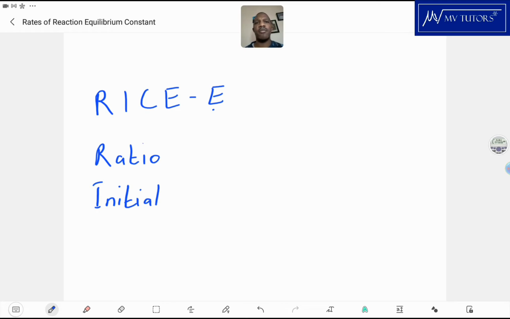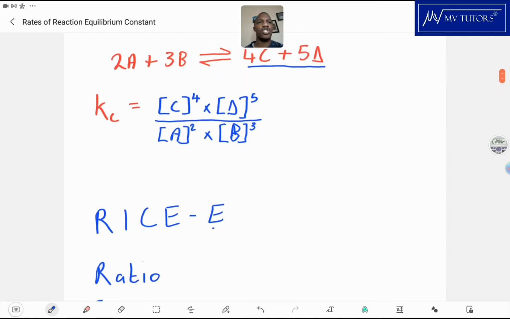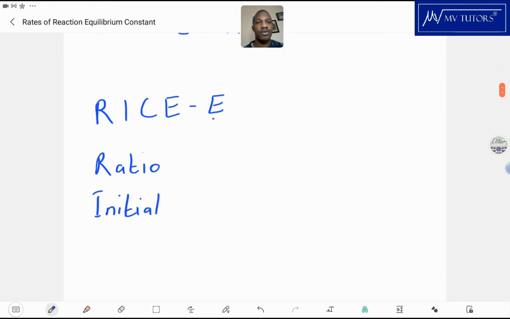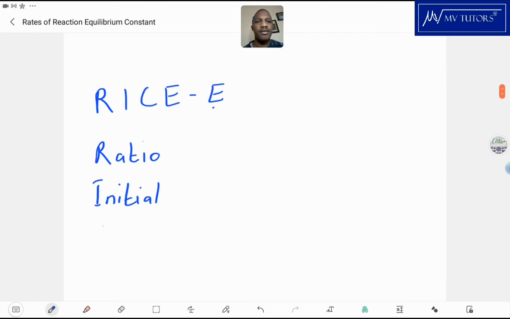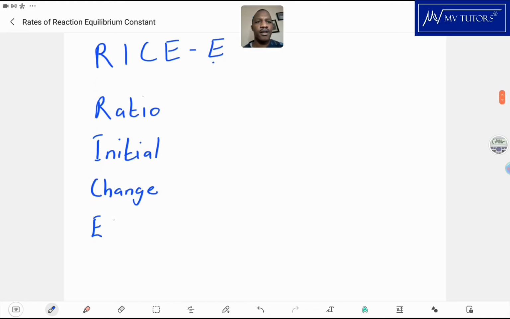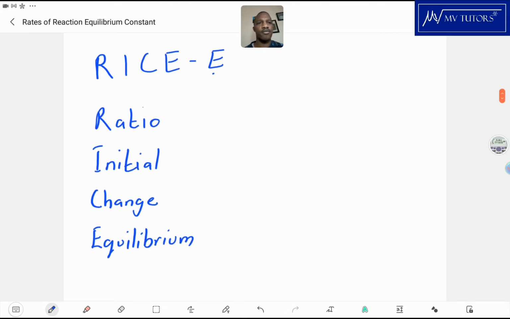This is the initial number of moles that each one starts with. Typically it would be given in a question, or they might ask you to solve it. The C stands for change, so it's the change in moles as well. The E stands for equilibrium, the equilibrium number of moles. So that's the RICE that I'm talking about.